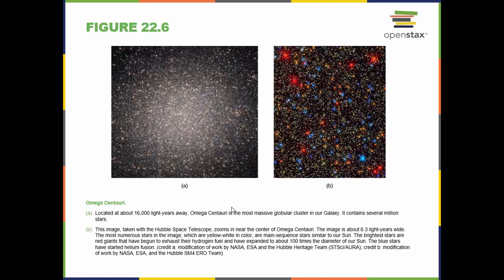And the most numerous stars in the image, which are yellow-white in color, are main sequence stars similar to our sun. And the brightest stars are the red giants that have begun to exhaust their hydrogen fuel and have expanded to about 1,000 times the diameter of the sun. And the blue stars have started helium fusion, which means now we're hot enough to start to fuse helium.